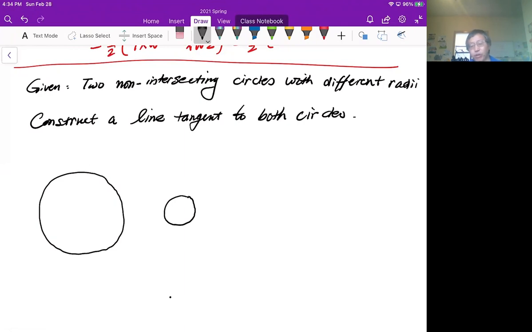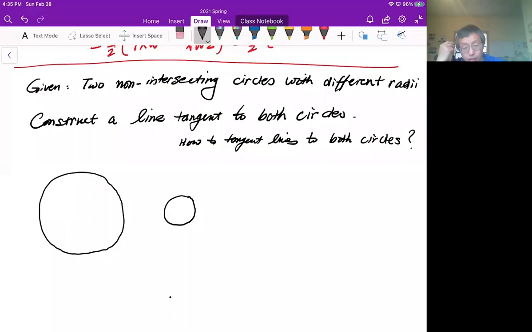All right. So first of all, can you tell me how many such tangent lines there are? If I have two circles, and they are not intersecting, how many tangent lines to both circles can you draw?